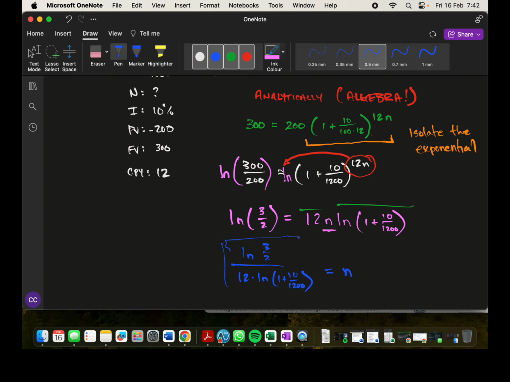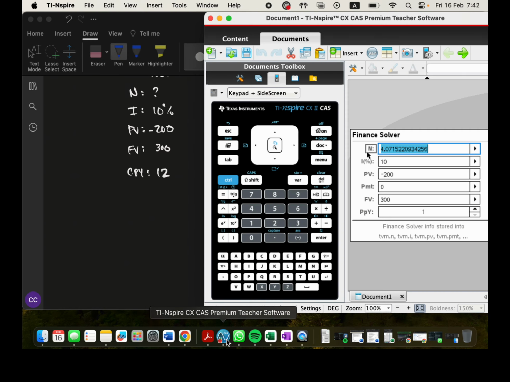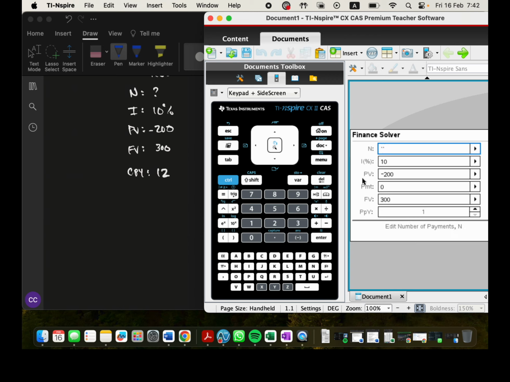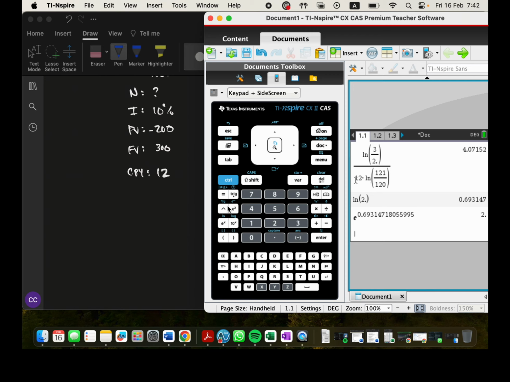And from here, I can just plug that into my calculator. And if we've done it right, we're going to get that 4.0715. All right, so I need to back out of here, and then I'm just going to do the natural log of 3/2, and then I'm going to divide that by 12 times the natural log of 1 plus 10 over 1200.